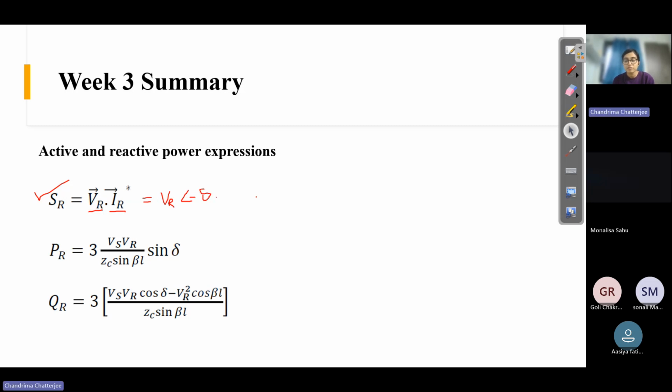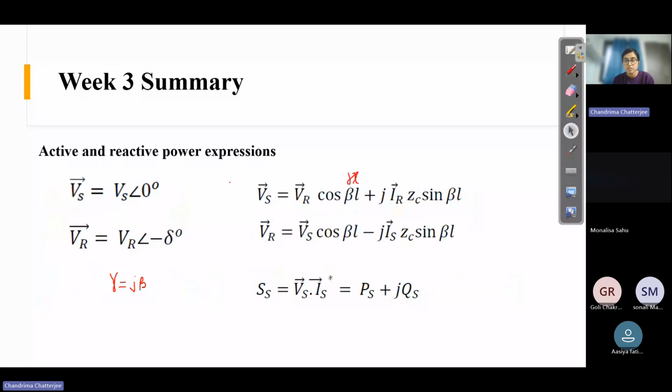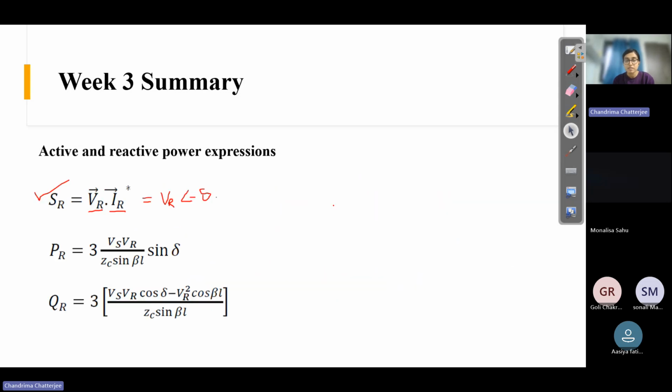For IR you will have to use this expression. From this equation you can find out what IR will be and replace it here. Then if you simplify this, you will get the active and reactive powers. Fine.